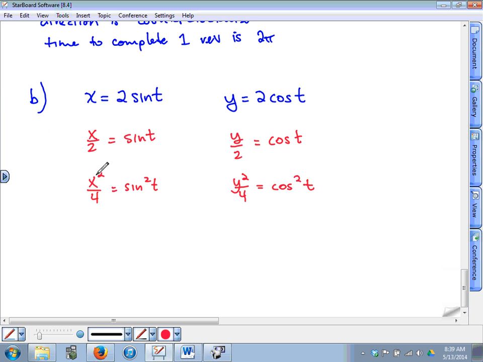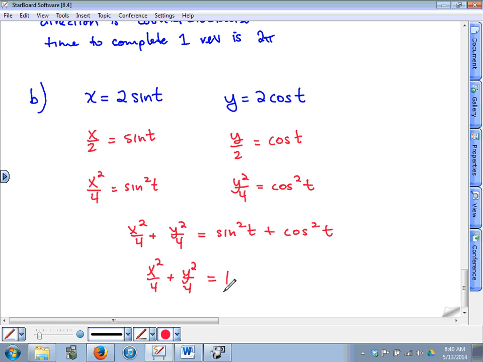If we add the two left sides, that's x squared over 4 plus y squared over 4. We also add the right sides: sine squared of t plus cosine squared of t. But we know what that equals. It equals 1. So now we have x squared over 4 plus y squared over 4 is equal to 1.